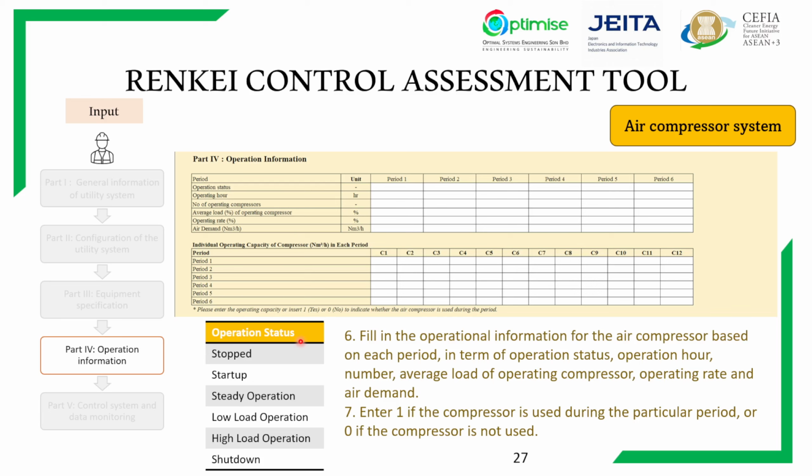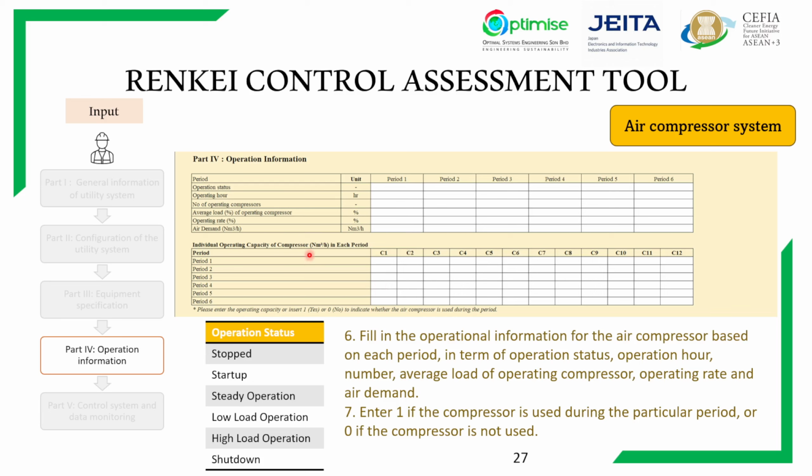So you can have the operation status, the operating hour for each period, the number of operating compressors, how many compressors operate at that particular period, the average load of operating compressor, the operating rate, and the air demand for each period. That's why we make it different periods. It could be steady operation, low load, high load, shutdown or startup operation. You can have it.